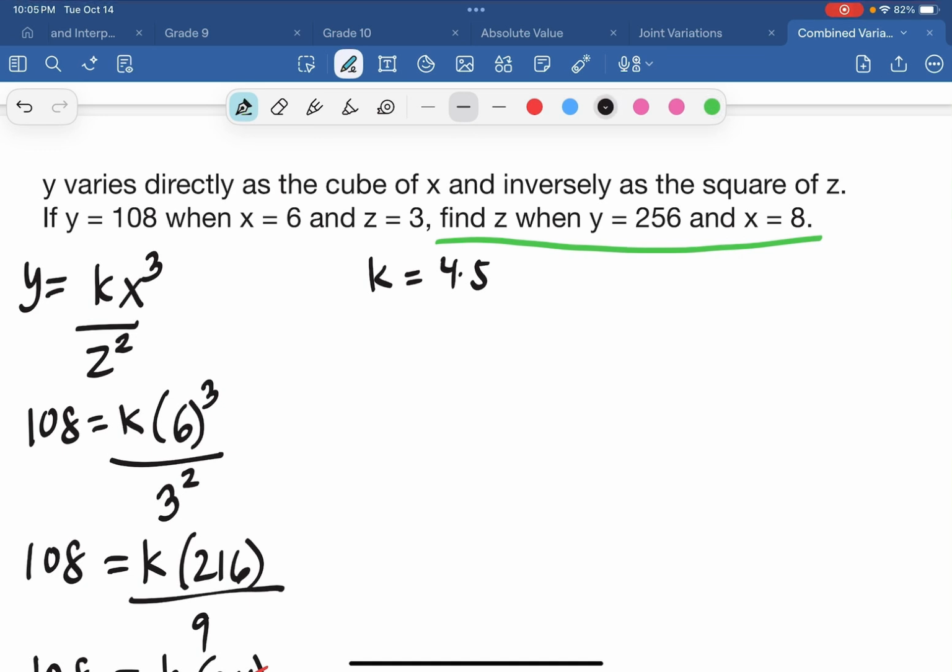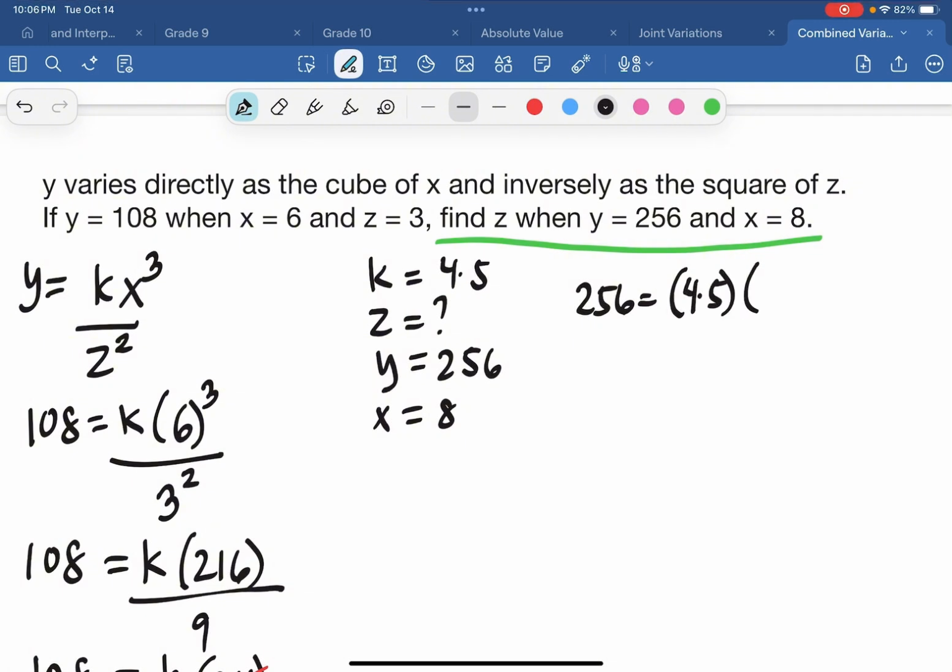So we have z is missing, y is 256, and x is 8. Now based on this, we have 256 is equal to 4.5 times x, which is 8, then cube. Don't forget this cube based on our equation.